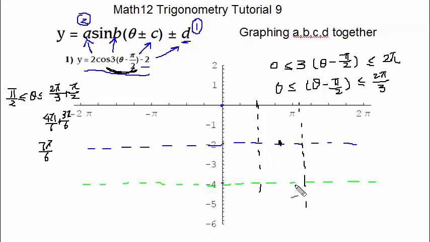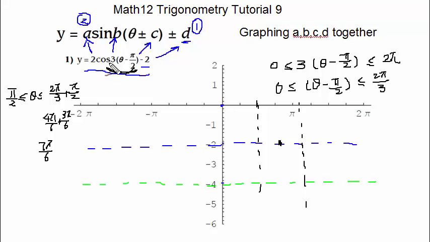I'm changing the colors to do the graph. Okay, so we have the middle line, the highest point, the lowest point, the period, all controlled. And then we just draw what? Draw the cosine function.